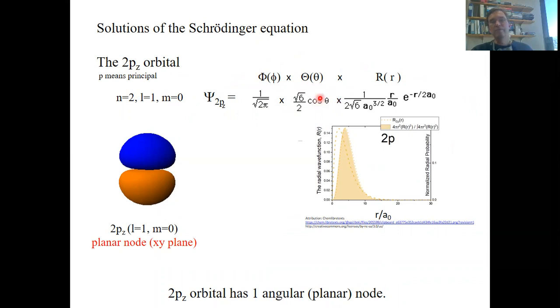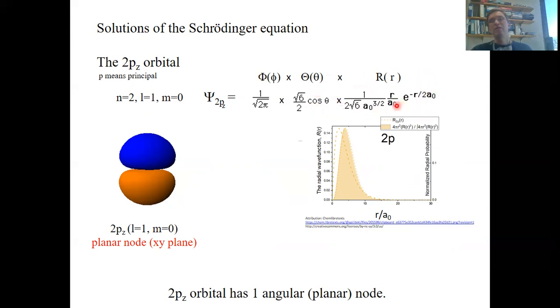And that means our orbital is now angle dependent, and that means that it cannot have a spherical form anymore. It must be somehow non-spherical in nature. Okay, we will talk about this in more detail in a moment. But before that, let us first look at the radial part of the wave function.